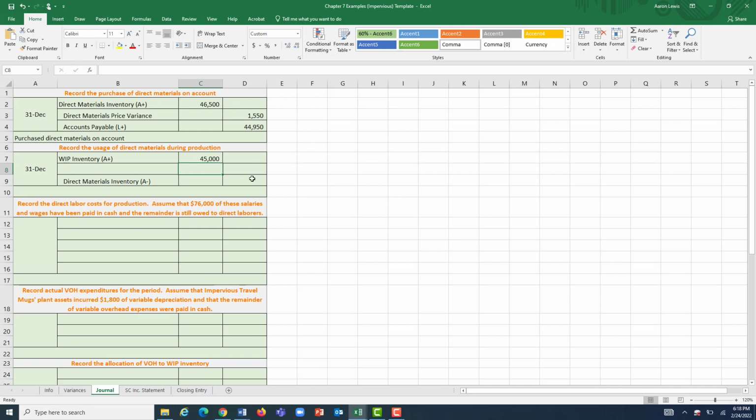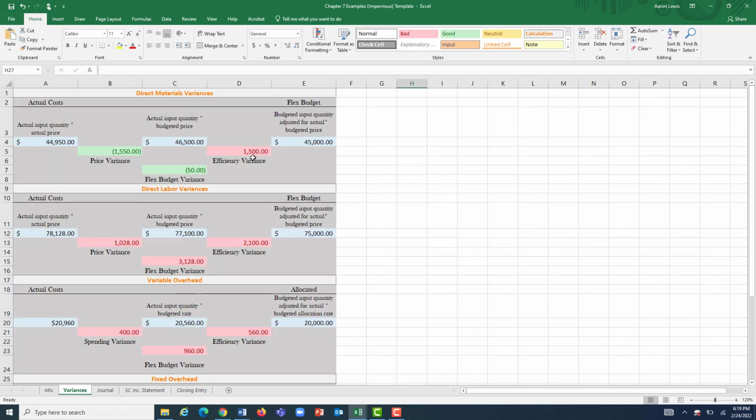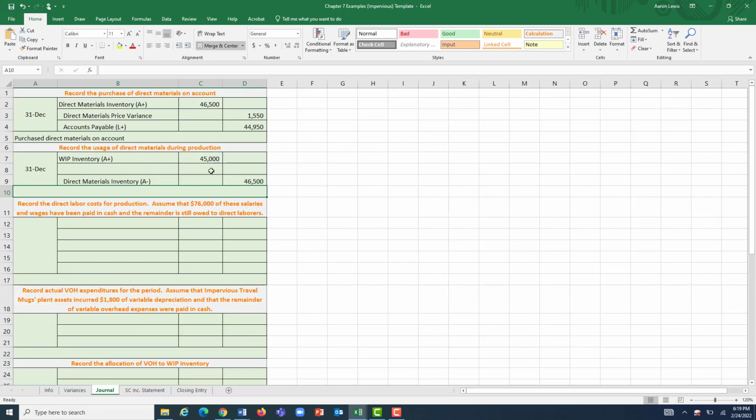Well, that's not what we have in direct materials inventory. It's not what we use. We see up above that we put $46,500 into direct materials inventory. That is what has to come out, because we didn't use as little as we thought we were going to, because we were a little inefficient with our materials during the period. We have a direct material unfavorable efficiency variance of $1,500, which is conveniently also what I need to make my debits equal my credits.